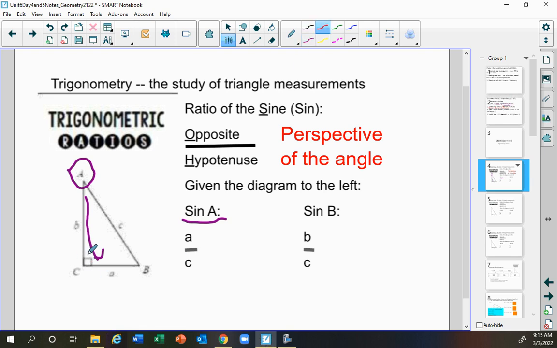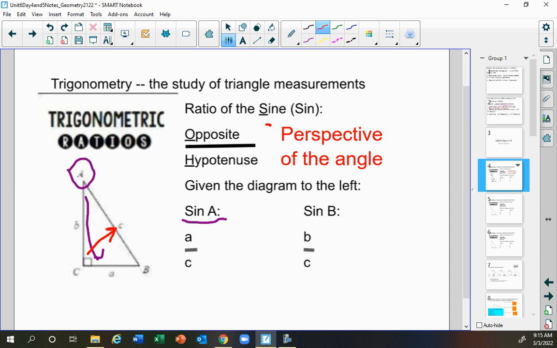So there's your right angle. There's your hypotenuse. So it's at the perspective of the angle. So you have to look at where your angle is located. Because the sine of B, though, is a little different. Because unlike angle A, angle B is over here. So you have to look at the opposite going this way.